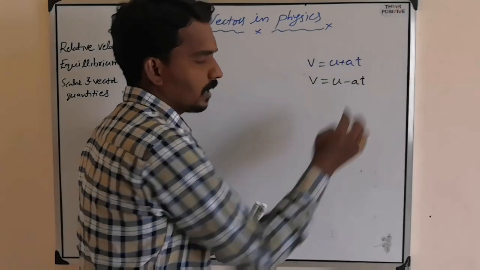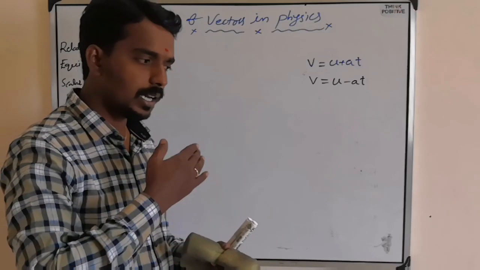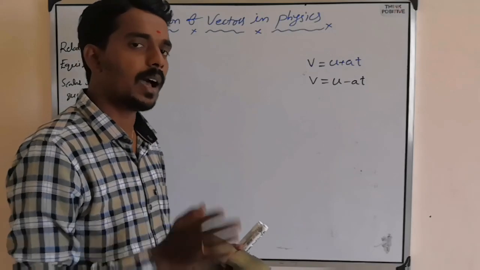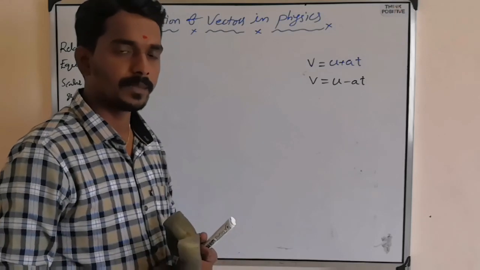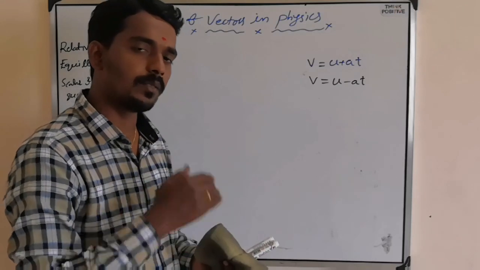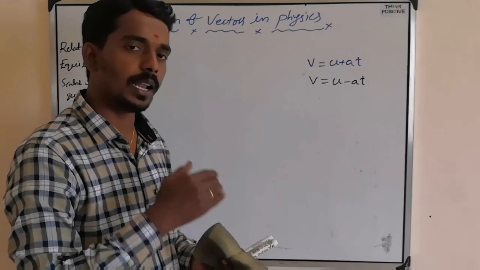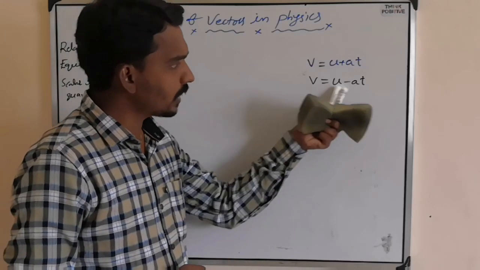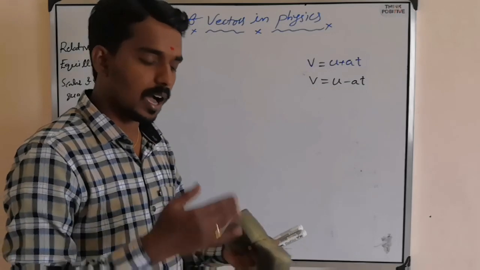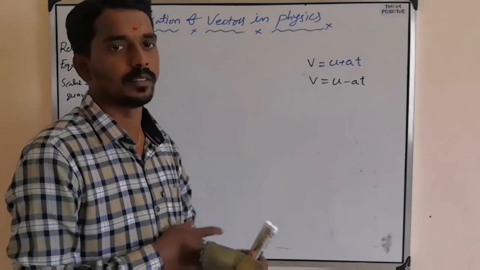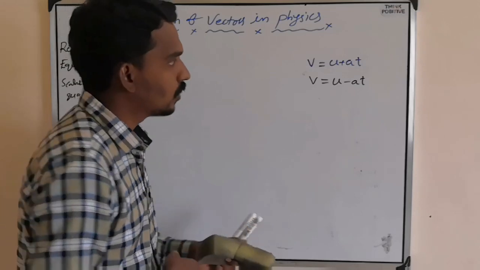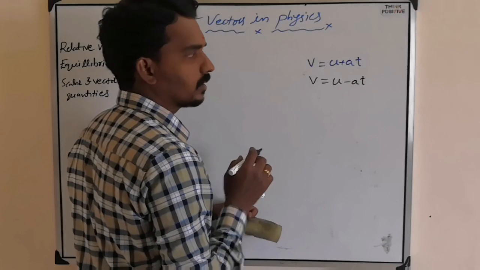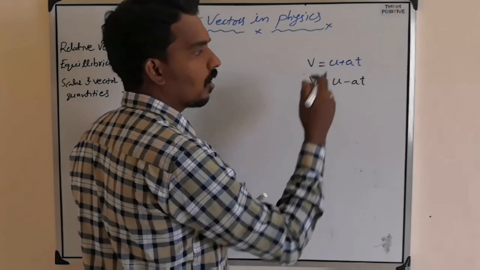This is the relation when the particle is moving along one direction with some acceleration, that means acceleration and velocity both are along the direction of motion. But this is the case when acceleration is opposite to the direction of motion. So here all are in the same direction, either i or j or k.